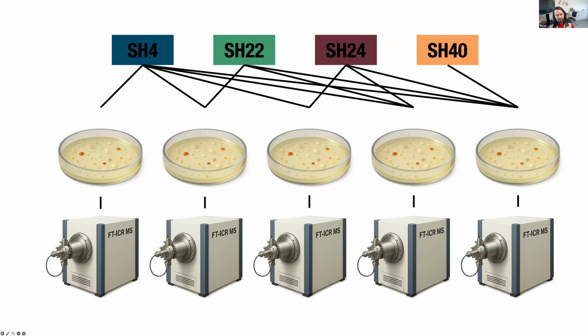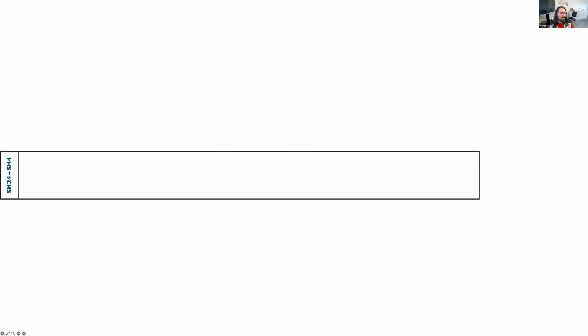And then they generated these molecular formula. And I will show you one example to describe what that larger figure shows, because it's kind of a complex figure. For instance, this is an example of the combination of SH4 and SH24, these 2 strains. And this is the molecular formula they recovered when they grew SH4 alone.